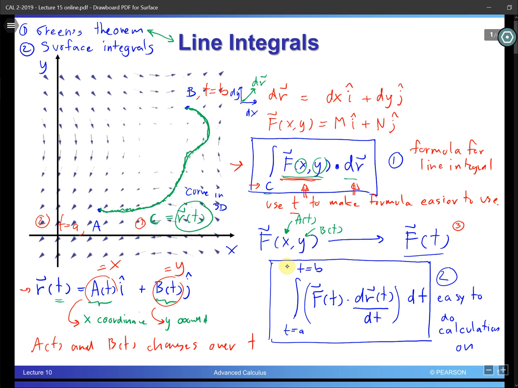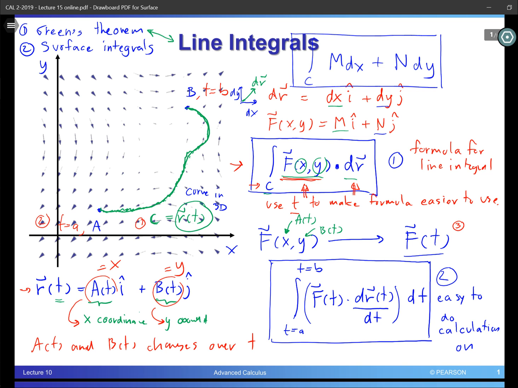So the product of dx and M gives M dx, plus the product of the next component, the j component, dy and N, so this is N dy, and the rest is the same, the integration at the front along the curve. So sometimes you see the line integral in this form. Don't get confused about this. It's the same thing as form number 1. So this is form number 3, something you might run into.